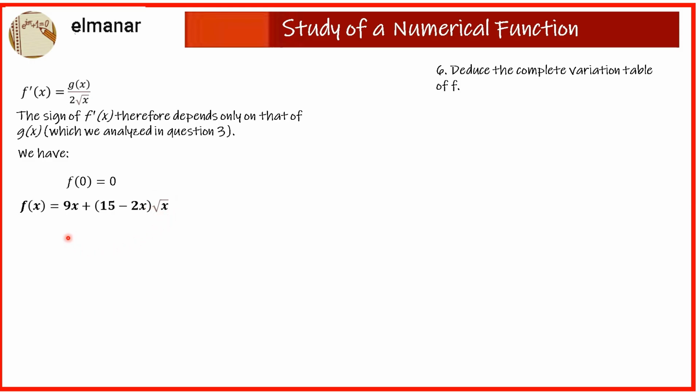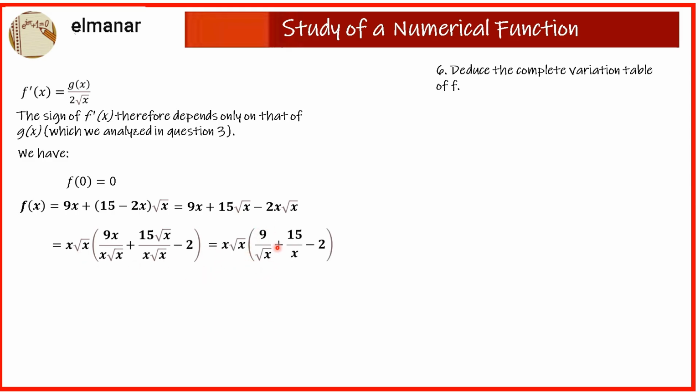Expanding this expression gives f of x equals 9 times x plus 15 times the square root of x minus 2 times x multiplied by the square root of x. Factoring this expression using the common factor x times the square root of x, we get x times the square root of x multiplied by the sum of three terms, 9 divided by the square root of x, plus 15 divided by x, minus 2.